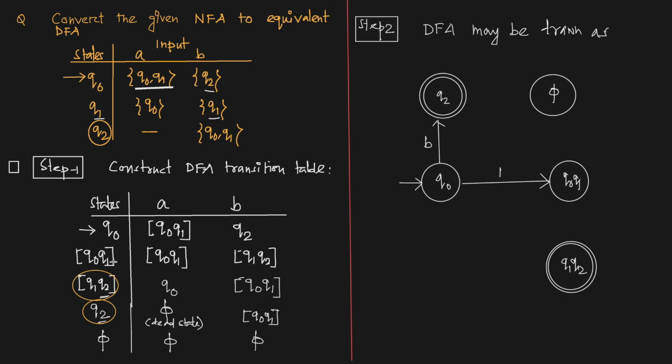Next, Q0 Q1 on A goes to Q0 Q1, and Q0 Q1 on B goes to Q1 Q2.